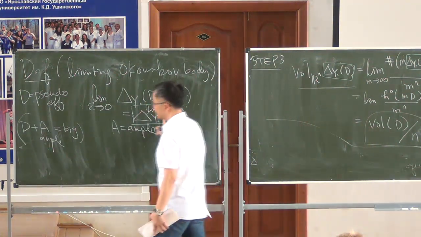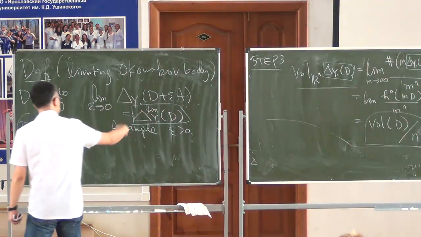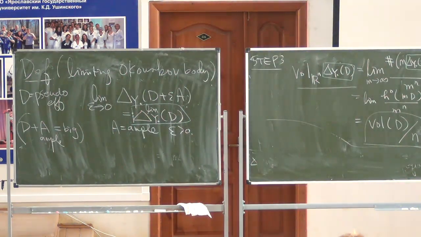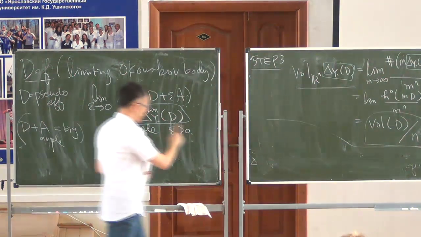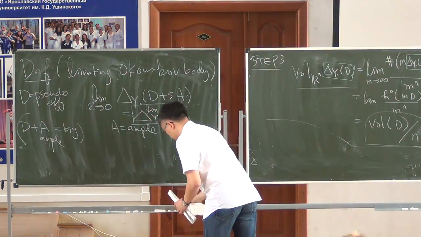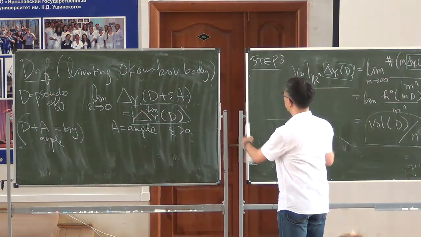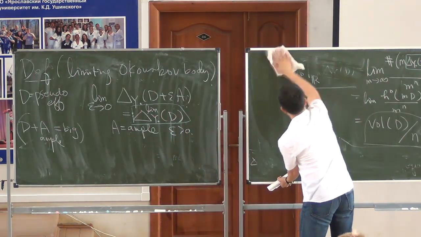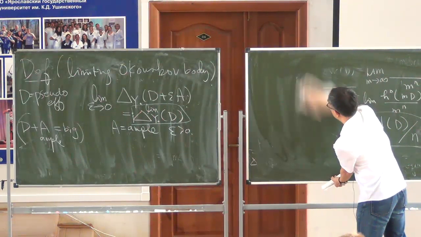And this actually catches the dimension. It is actually equal to the numerical dimension of the divisor D. And we can also give some meaning to the volume of this lower dimensional Okounkov body.